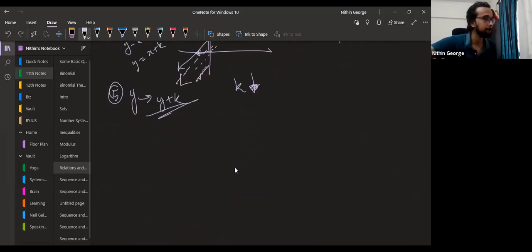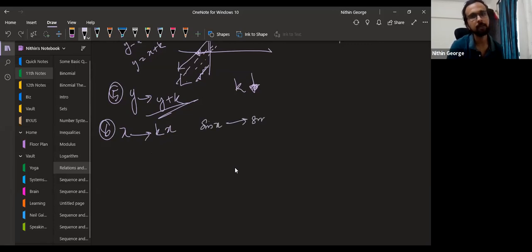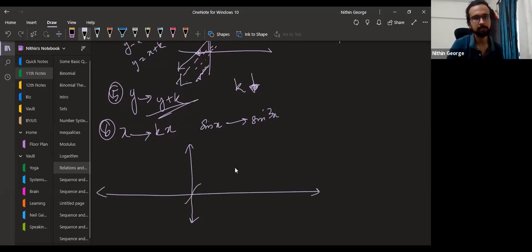Now, what if you multiply all values by k? Then what happens? Like suppose sin x became sin 3x, and you have the graph of sin x.